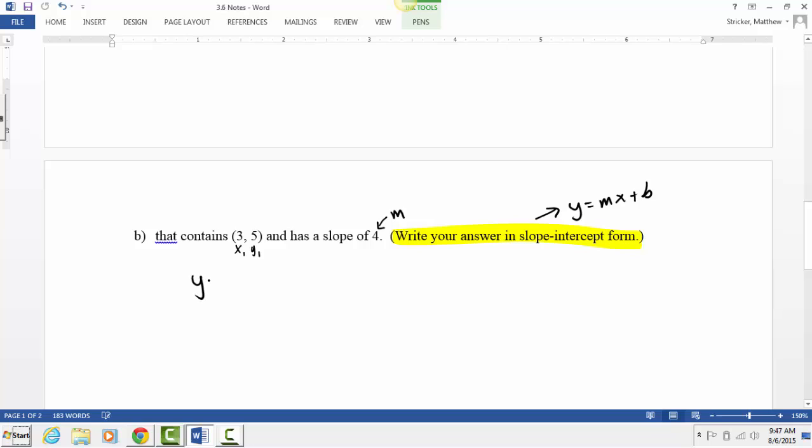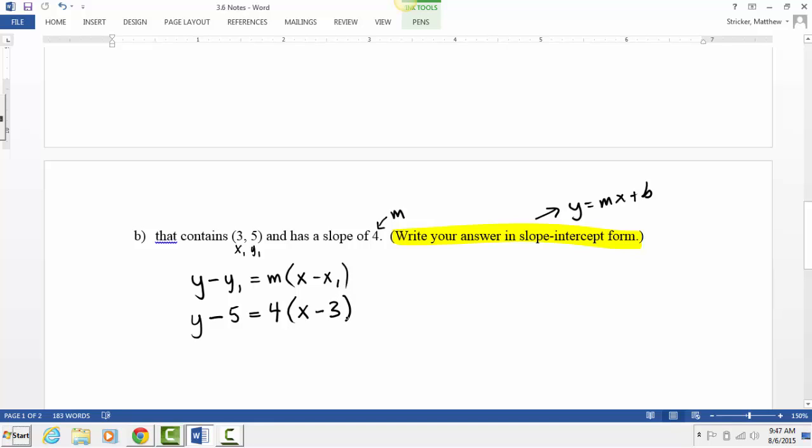So if we're given the slope and a point, and the form looks like y minus y1 equals m times x minus x1, we go ahead and plug in the information. We're always going to leave the y part first, but we have a y1. That's the y coordinate of our point, which in this case is 5. So we have y minus 5 equals our slope m, which in this case is 4, times x minus 3, since our x1 is 3.